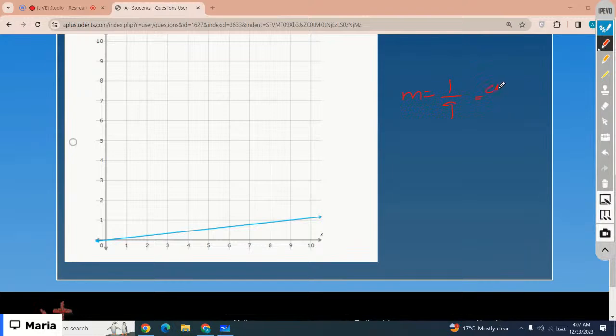That means change in y is 1 and change in x is 9. You can see here you have 1 and here you have 9. So that is the correct option, right? The second one is the correct option.